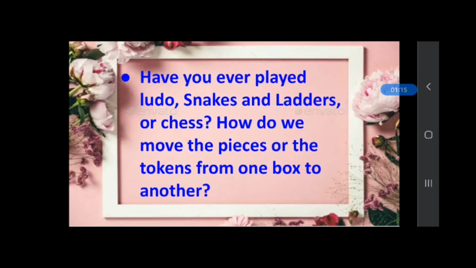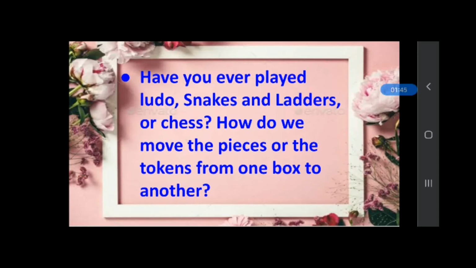And in Ludo or Snakes and Ladders, the tokens or pieces are moved from one box to another in a correct way, like 1, 2, 3, 4. But not in the game of chess. In the game of chess, we move the pieces in between the black and white boxes.